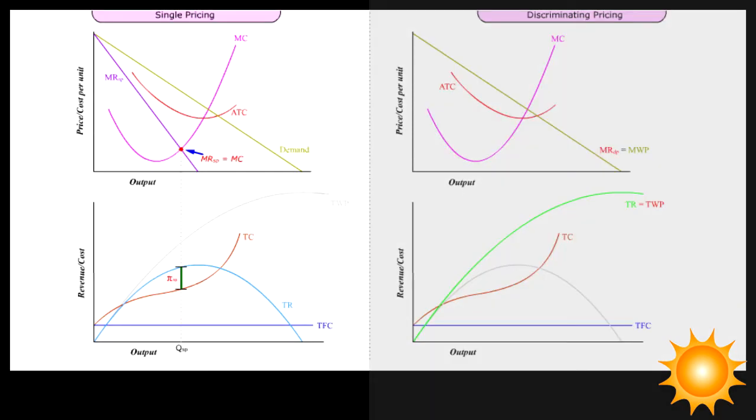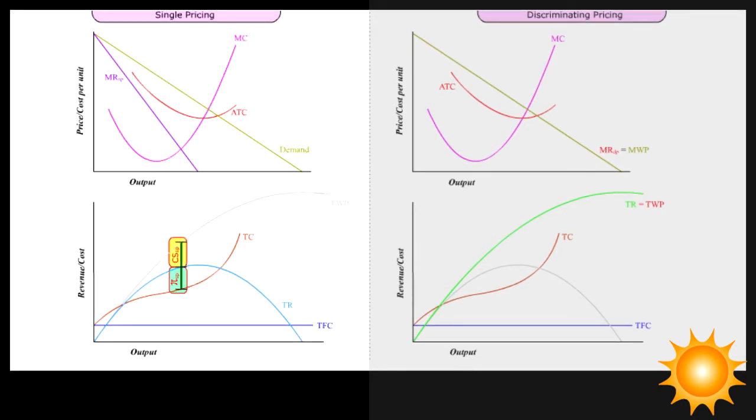Under single pricing, economic profit is measured by TR minus TC at any given output level. For example, at maximum profit output Q_SP, where MR is equal to MC, economic profit is equal to Pi_SP. Since buyers are not being charged their reservation price for every unit they buy, there is a gap between what they are willing to pay, TWP, and what they actually pay, TR.